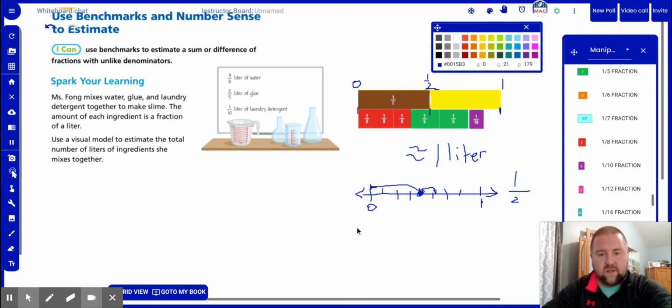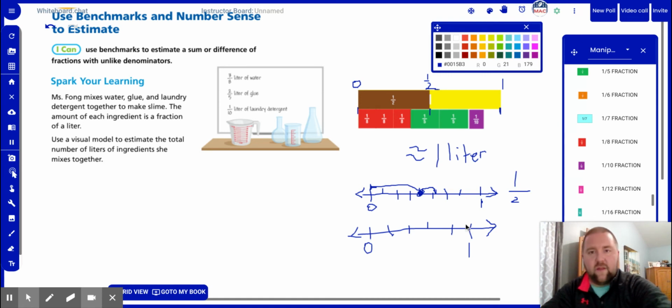Okay, let's do the same thing for the 2/5. If I'm using my number lines and I have 0 and then 1 here, I need 1, 2, 3, 4, 5. And I try to make those spaces each about the same distance, right? So if I have 2/5, 2/5 would fall here. Now, I know that when we have 5, finding half of 5 is really difficult when we have these odd numbers.